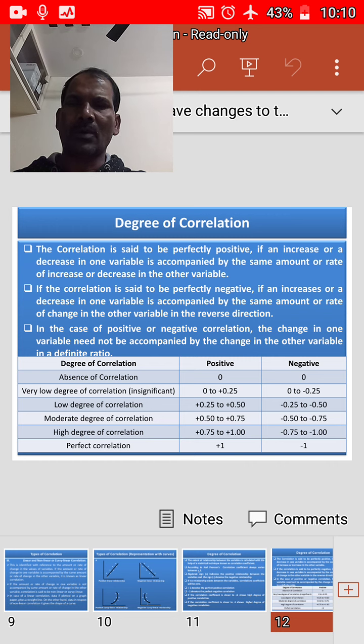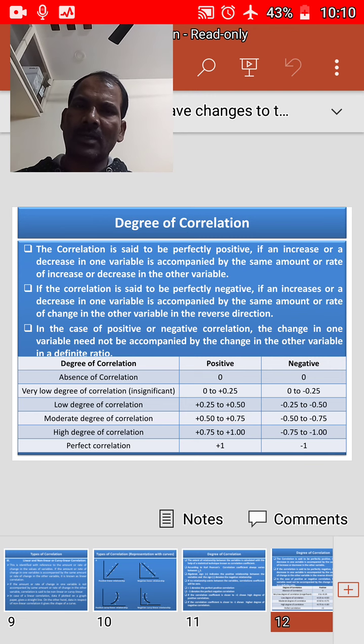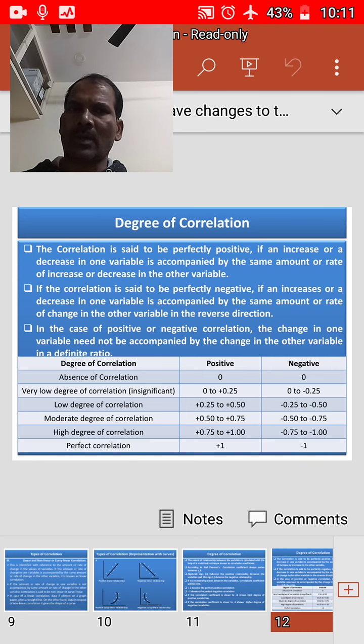When they move in the same direction by the same amount, we say they are perfectly positively correlated. And if they move in the opposite direction but by the same amount of change, then we call it negative correlation among the variables, right?